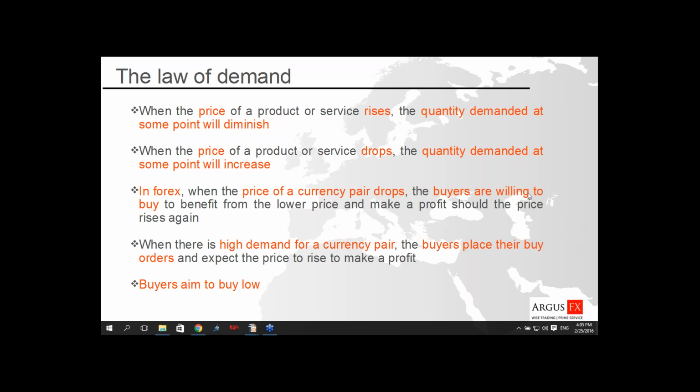Therefore, the law of demand, in general terms, describes that buyers always aim to buy low. So all buyers, even in Forex or in our everyday life, always want to buy products or services at the lowest price possible. It's exactly the same thing with currency pairs. Buyers wait when the price of a currency pair drops so that they can buy at the lowest, best possible price.